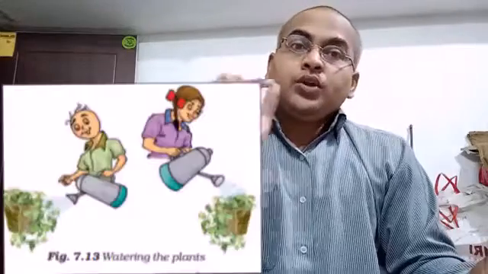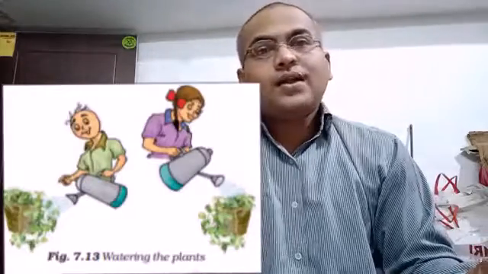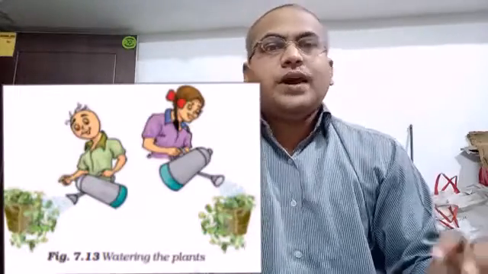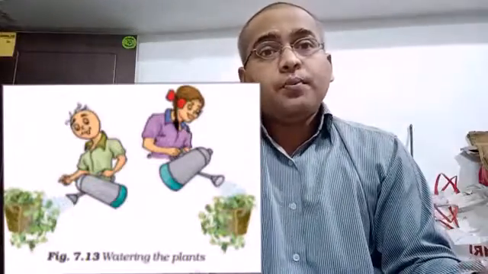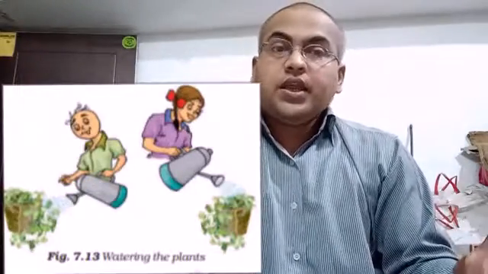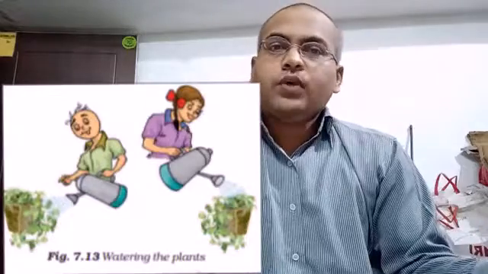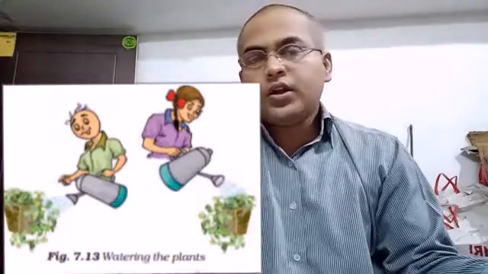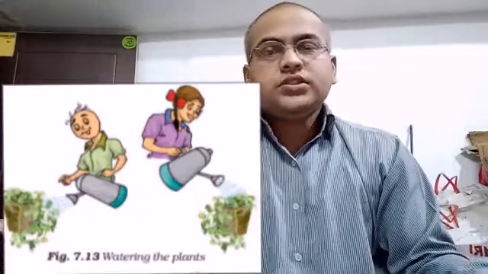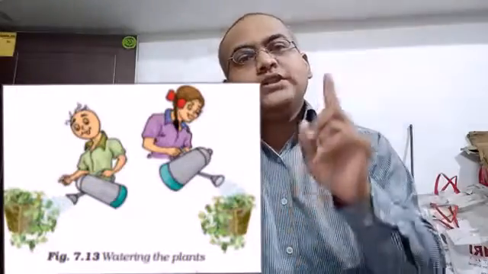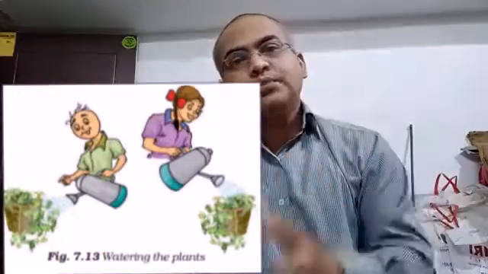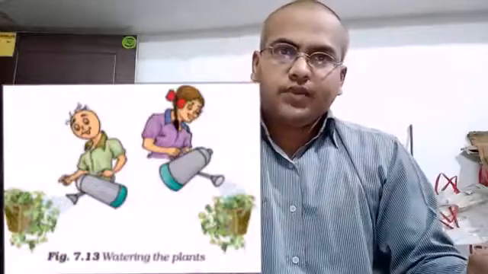Why? Because roots absorb water and minerals from the soil and give it to the plant for proper development. One plant without root will not be able to survive. So this is the result of the first activity, and we are able to understand the function of root, that it absorbs water and minerals from the soil.